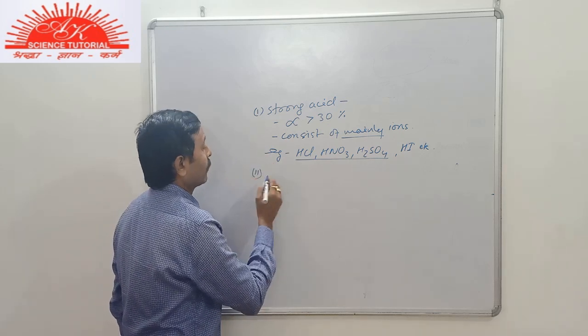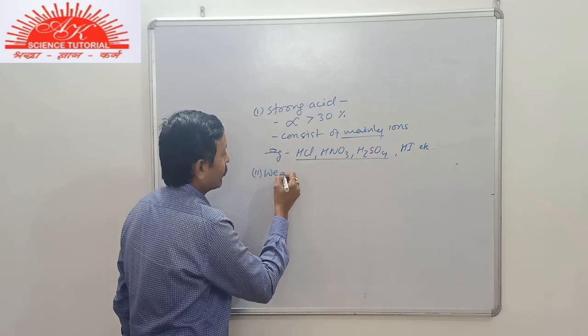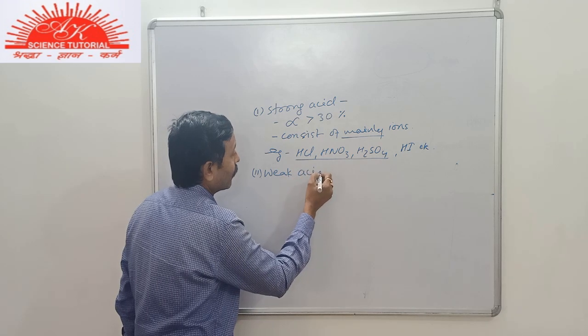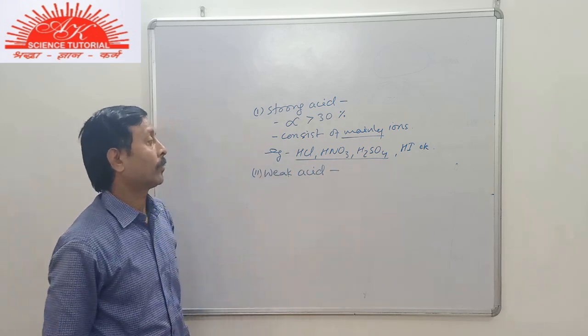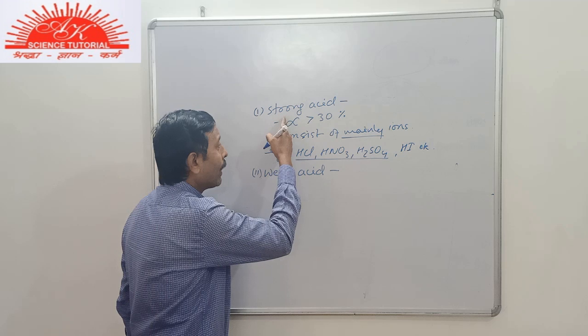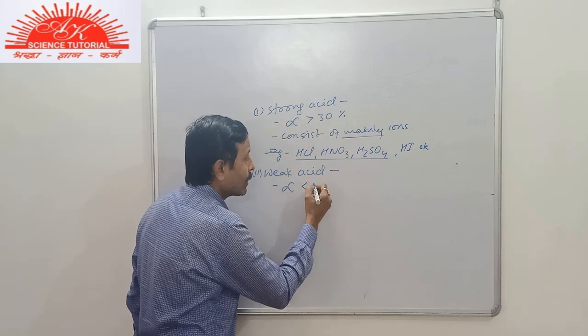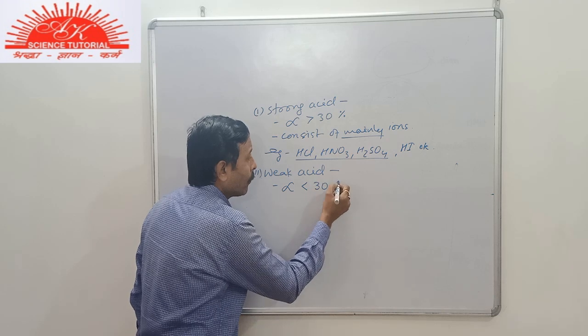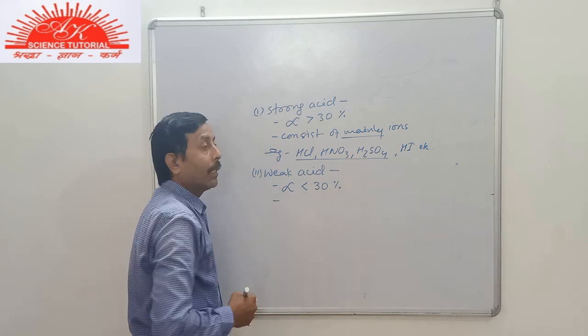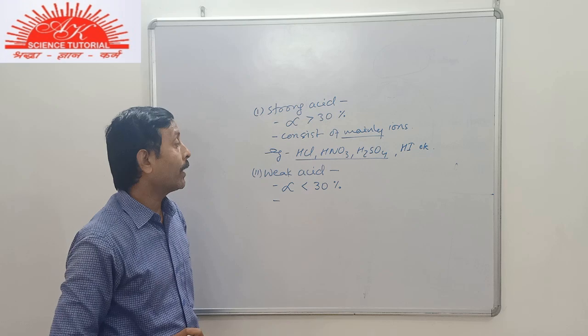Next, weak acid. Now, according to these points, its degree of ionization will be less than 30%. Means it will produce few ions, hence it will also contain molecules.